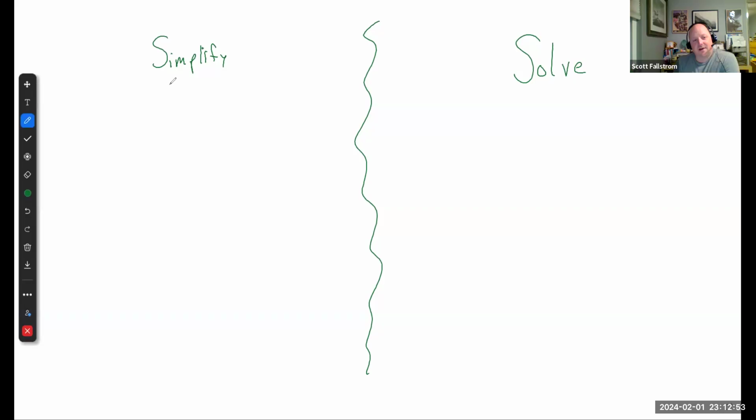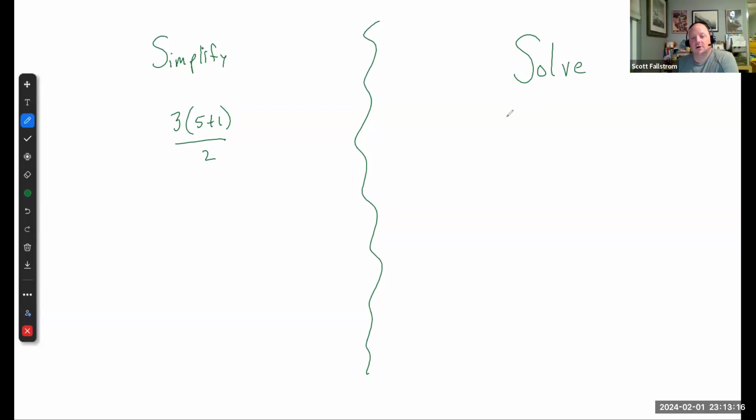You simplify an expression like 3 times 5 plus 1 over 2. You could simplify this. We would not solve this. Solving is reserved for things like equations. So we reserve this term of solve for that.